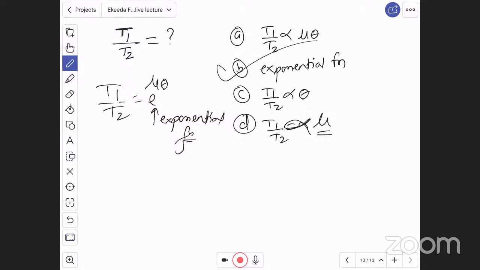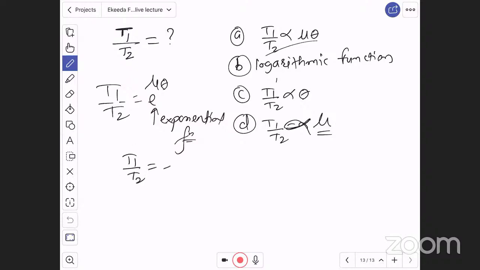But my dear students, they may not provide exponential function as a choice. They may provide logarithmic function as another option. In this case, T1 divided by T2 is equal to e to the power mu theta.